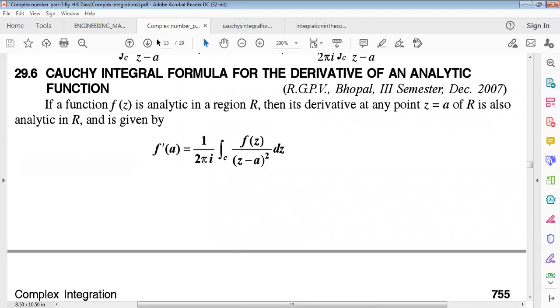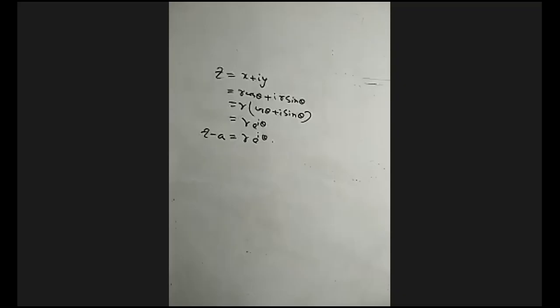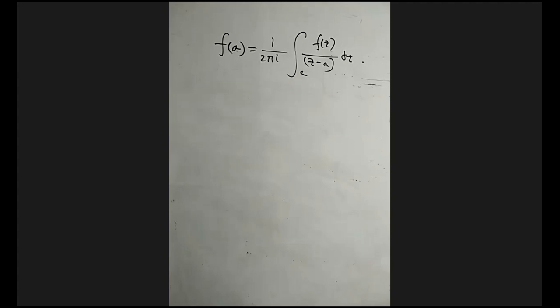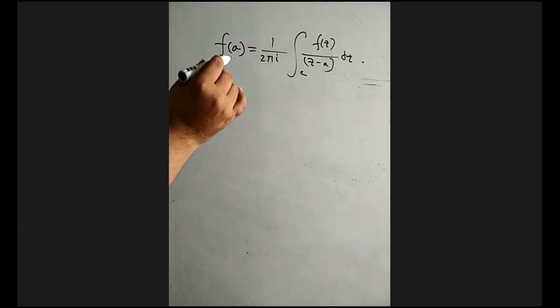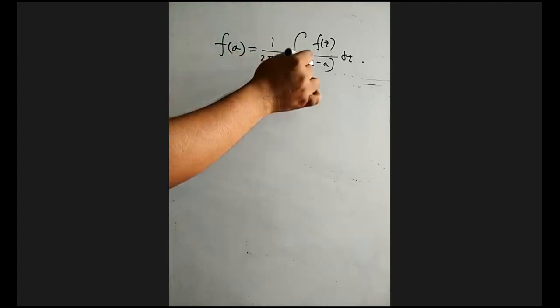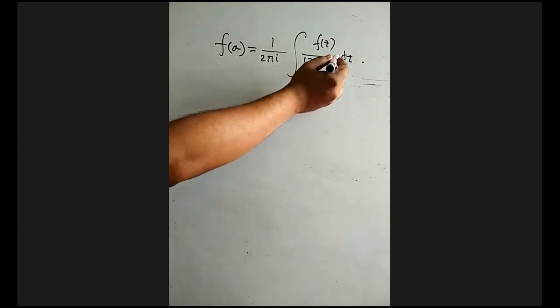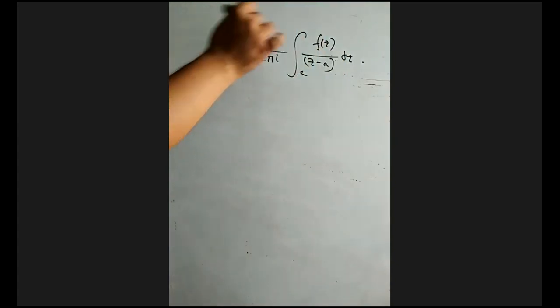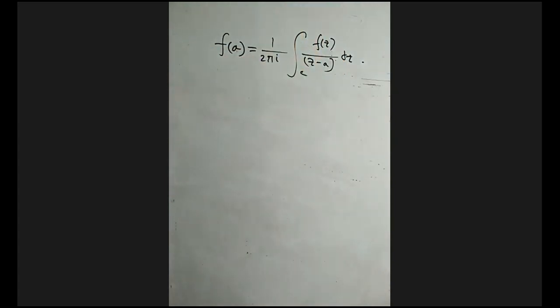Very easy for you. Now f of a equals 1 by 2 pi i, f of z divided by z minus a. Actually, there is a power 1. This is the formula of Cauchy's integral formula.